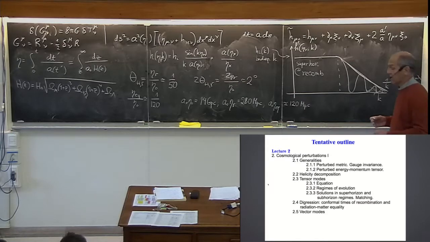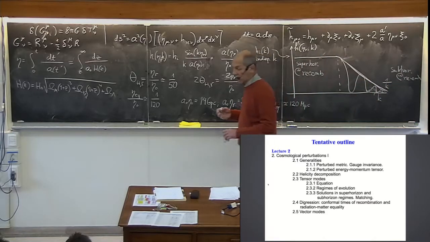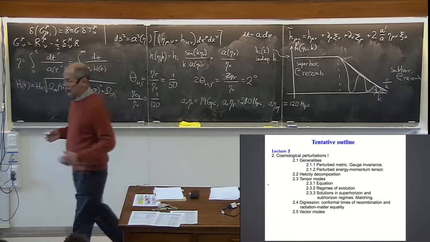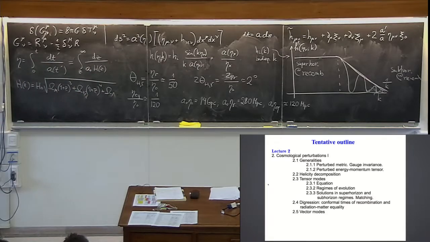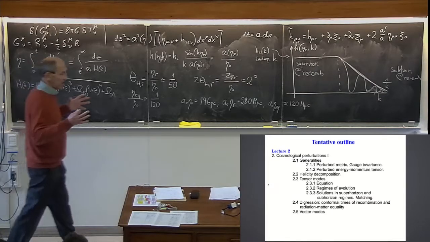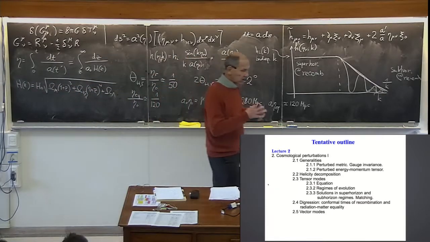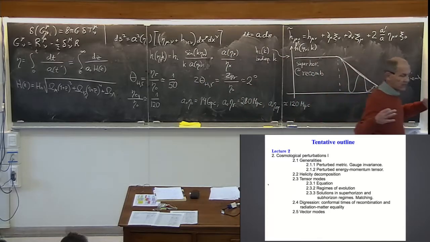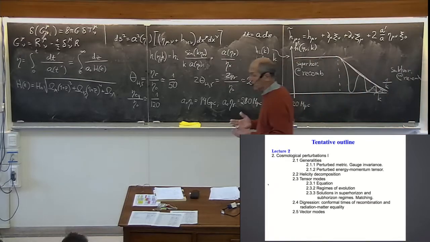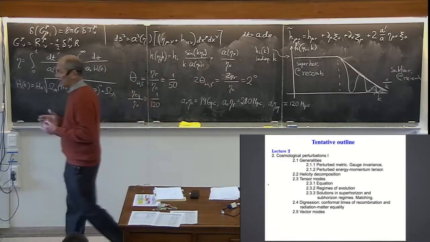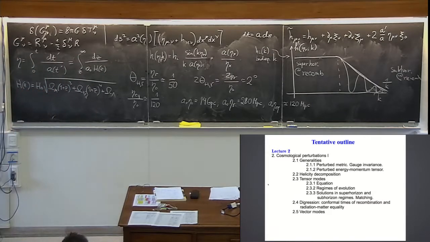For example, for galaxies like our galaxy, the corresponding wavelength is roughly 1 megaparsec. The matter collapsed into our galaxy from the part of the universe whose initial size was about 1 megaparsec. So these are the modes that make galaxies.